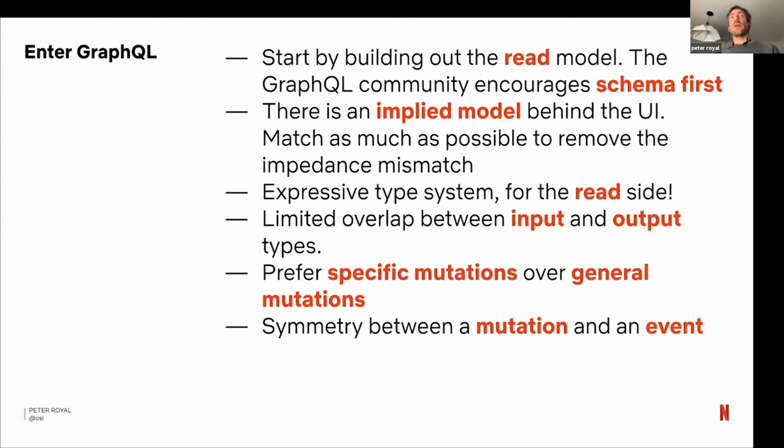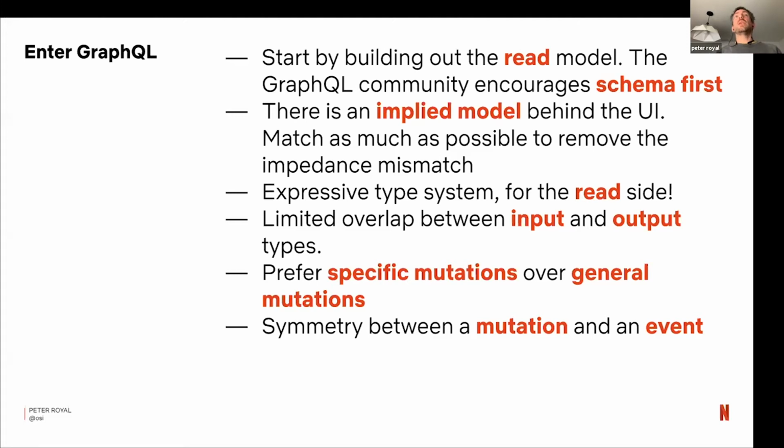But one catch with GraphQL is that there's a very expressive type system, but that's only for the read side. A common thing you would see if somebody has a CRUD system that they're trying to move into GraphQL is, oh, I have my get API that gives me one payload, and I have a put or a post that puts that same thing back. GraphQL makes that difficult because the type space between the input and output types is different.